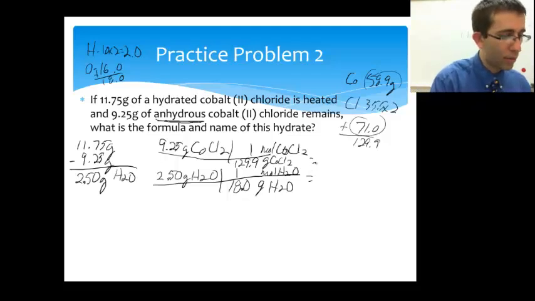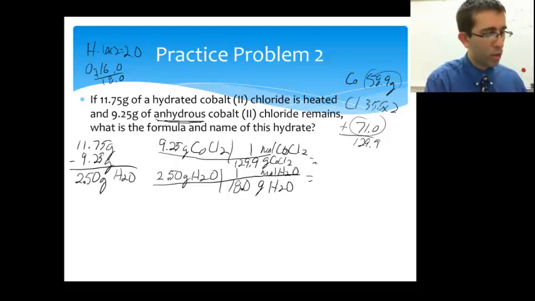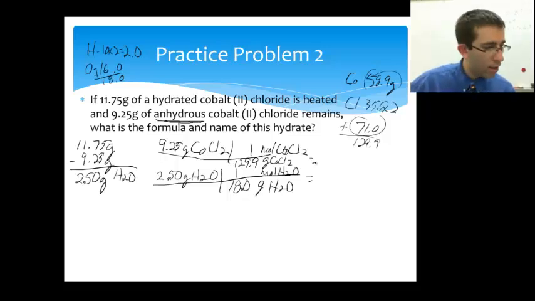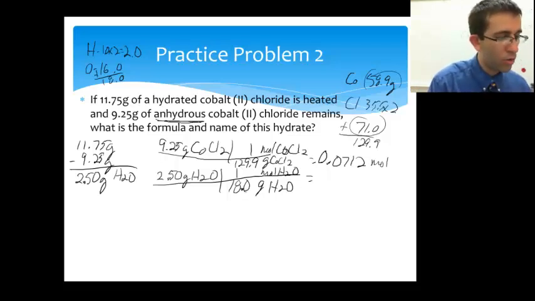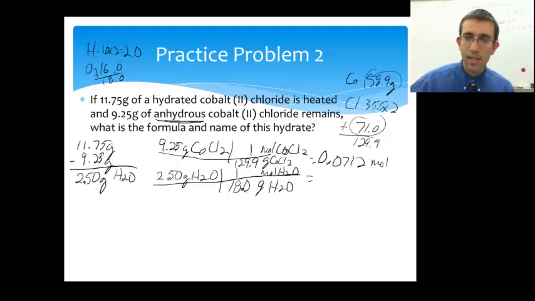So plug this in, 9.25 divided by 129.9. I get 0.0712 moles. Do the same thing for my water. 2.50 divided by 18, and I get 0.139 moles. Alright, so grams convert to moles.